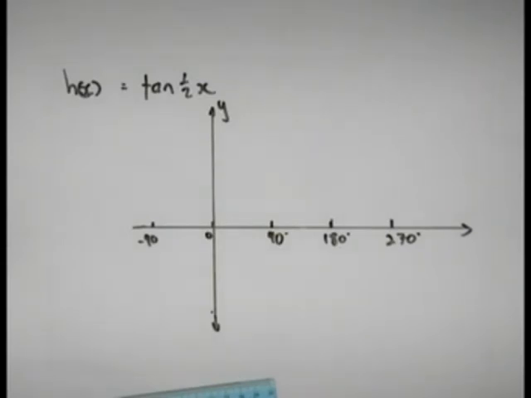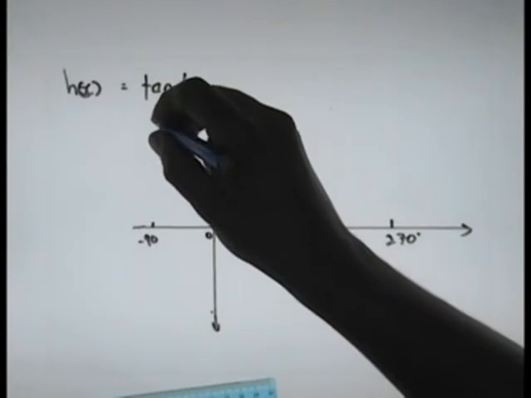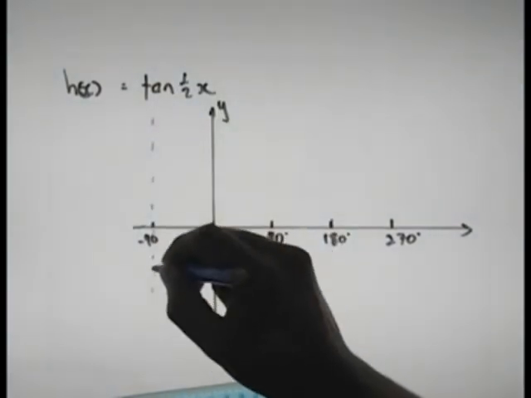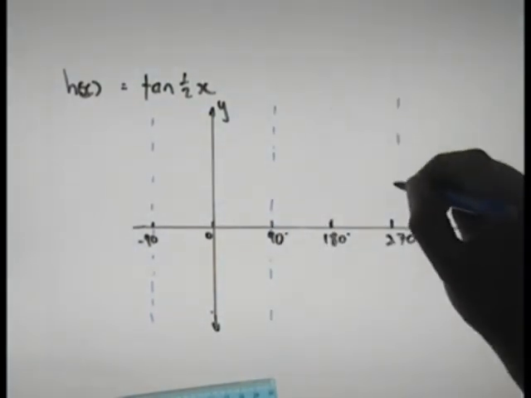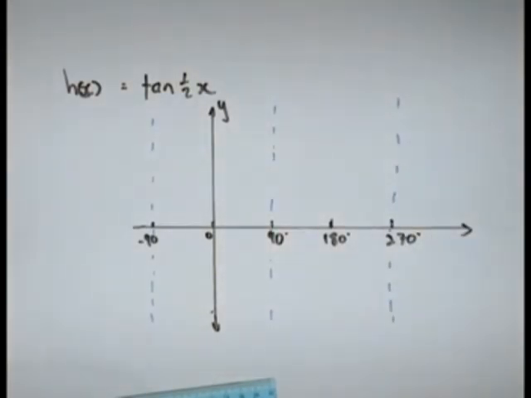The next graph we're looking at is tan of a half x. Now when we're doing this one, remember that this is a tan graph, and a tan graph has got standard asymptotes at negative 90, at positive 90, and again at positive 270, because we cannot have tan of 90, tan of negative 90, or tan of positive 270.